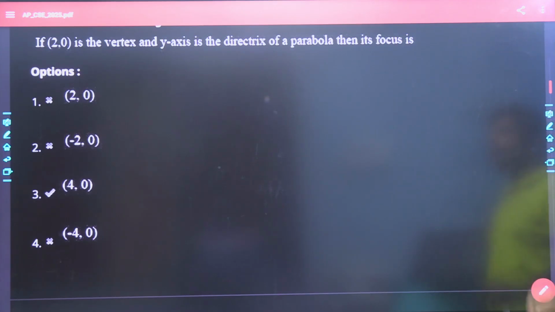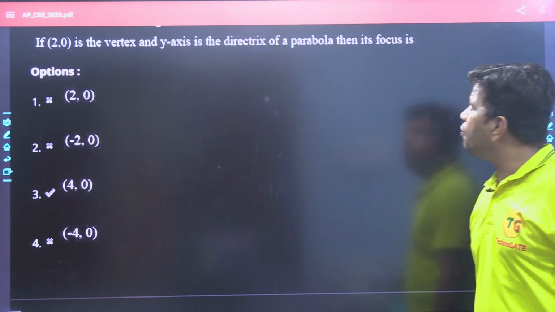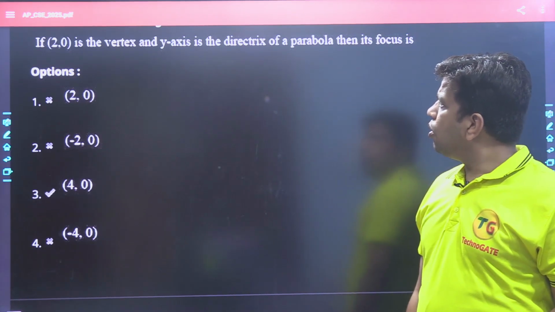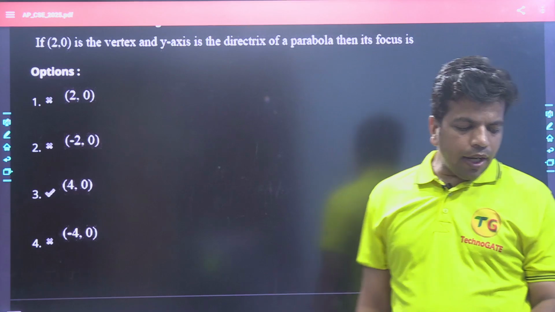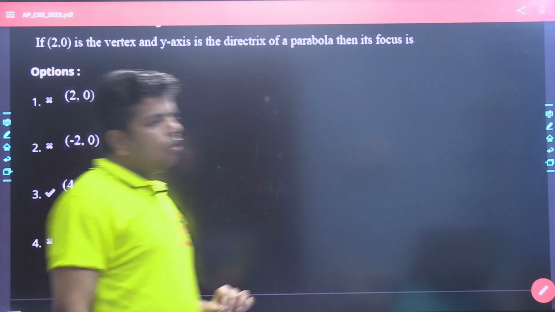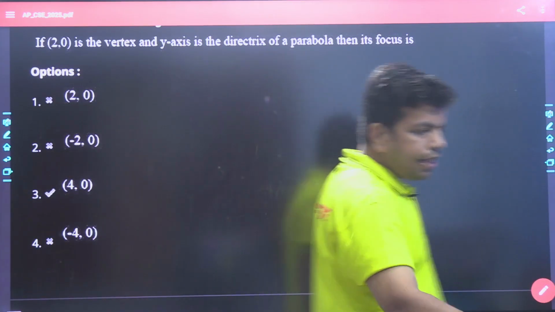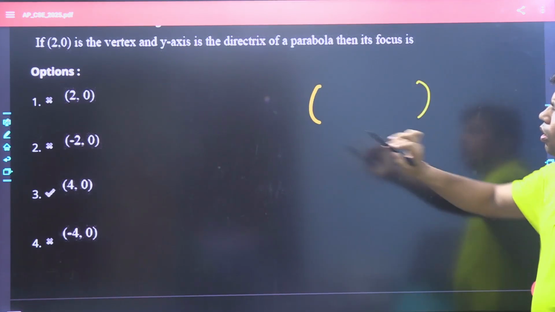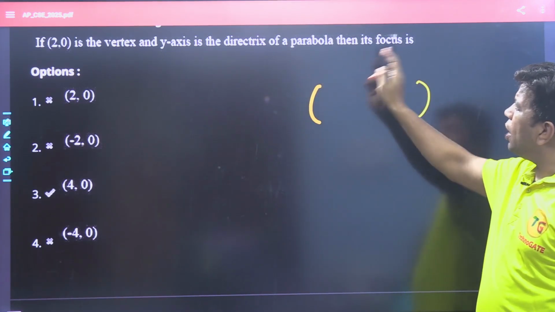If 2 comma 0 is the vertex and y-axis is the directrix of parabola, then its focus is what? So the vertex is given to us, and they are asking, y-axis is directrix of parabola, then the focus is what?